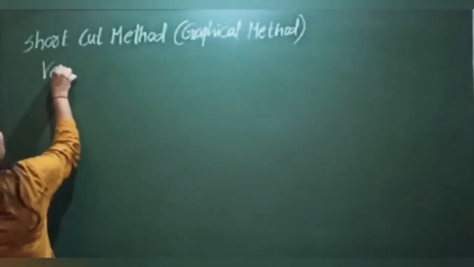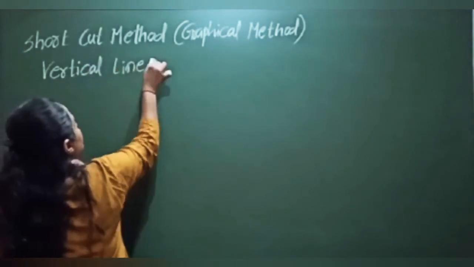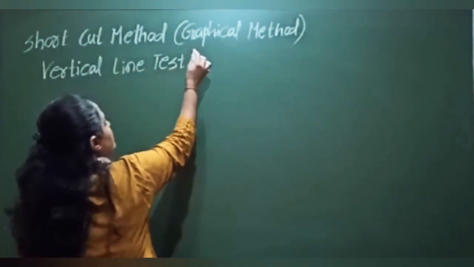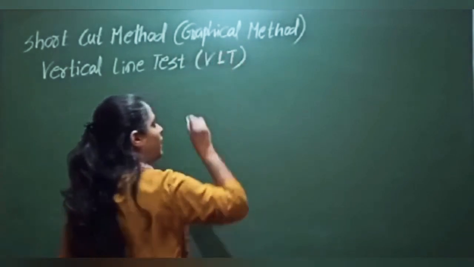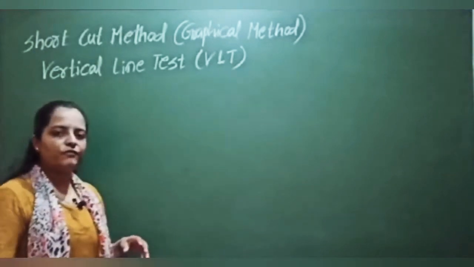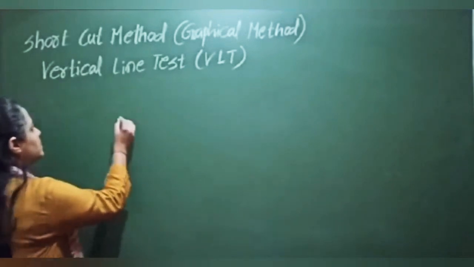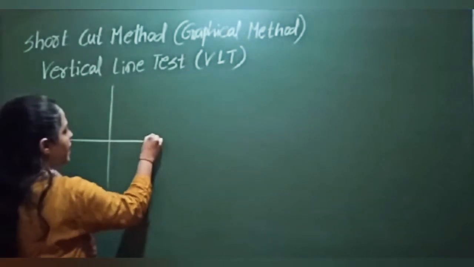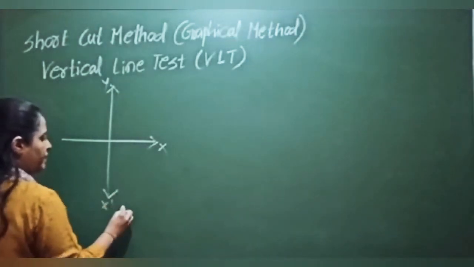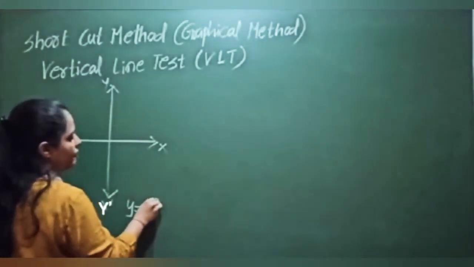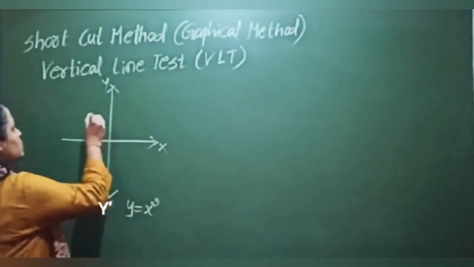First I'll consider the famous U graph, the upward parabola, that is the graph of y equals x square. Now we'll think whether y equals x square is a function or not.